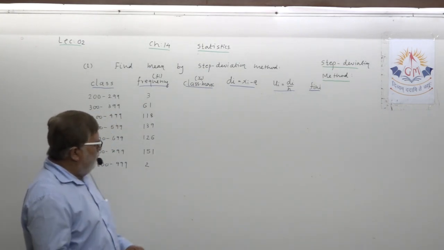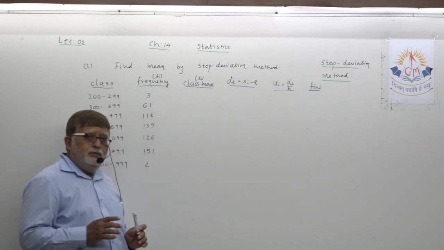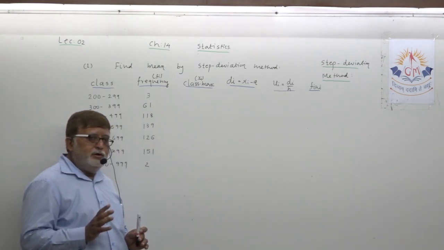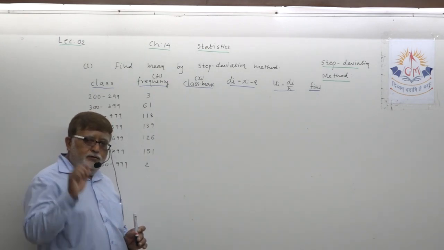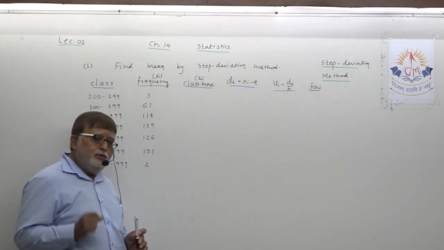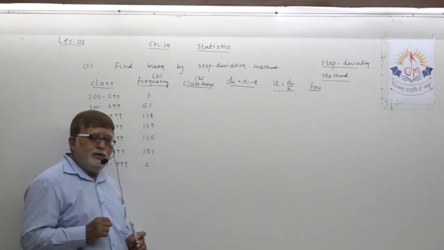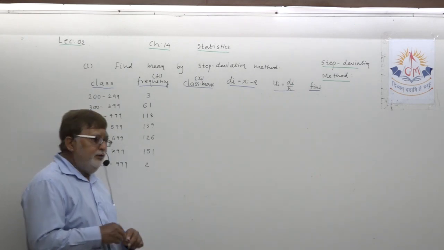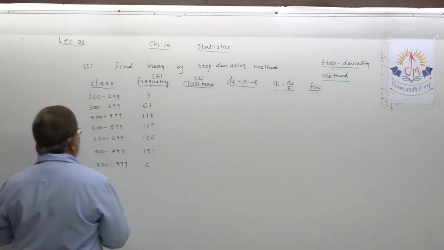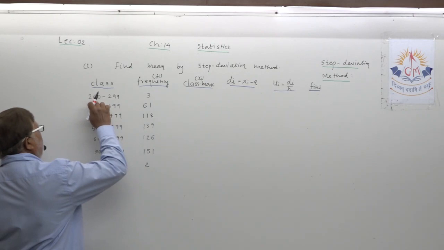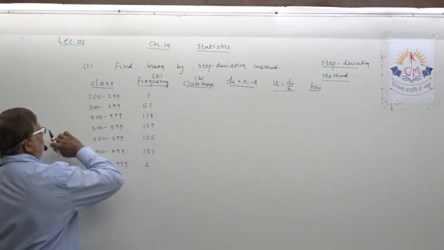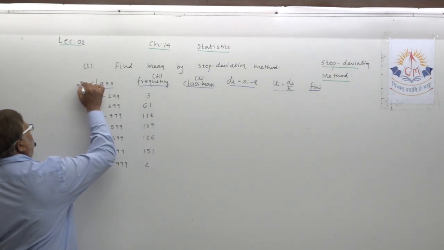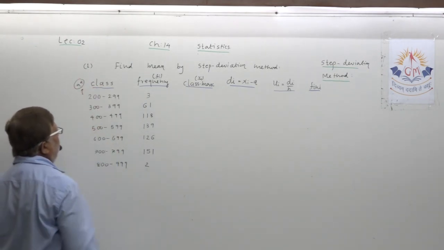When, dear student, you come across such an example consisting of discrete data, there is only one point on which you have to concentrate, that is on taking the class height. If I ask you what is the class height of every class, you will normally start thinking 99, from 200 to 299.